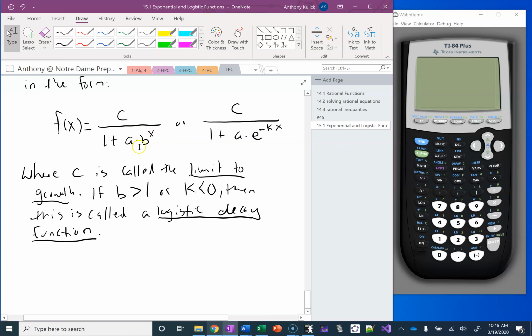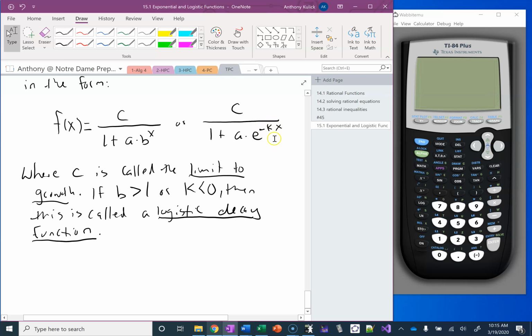So there's two types in the definition. If this b value is between 0 and 1, it's growth. And if it's bigger than 1, it's decay. Now notice that's opposite as for the exponential function. The reason it's opposite is because the b is in the denominator here. So a big number in the denominator of a fraction is going to make a small fraction. That's why it's kind of reversed. And the same thing with the k's.